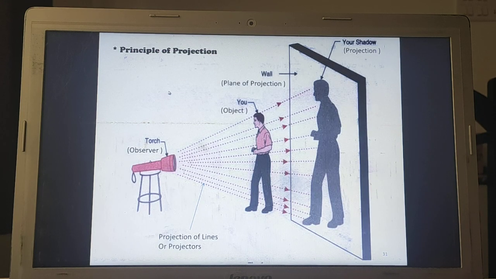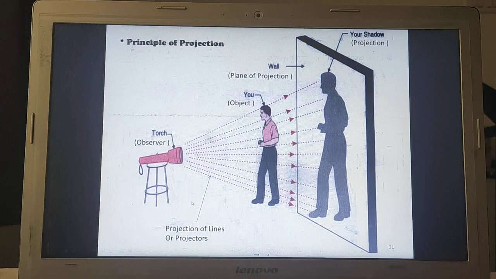Now let us understand the principle of projection. This is a torch, which is nothing but the observer. From this torch different rays are going to be raised. These are the projection lines or projectors. Then we have one object, one man, which is our object. Then we have one plane, which is a wall, but for our sake this is the plane of projection.